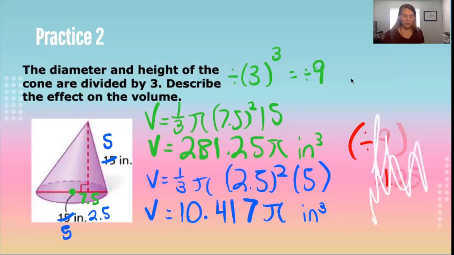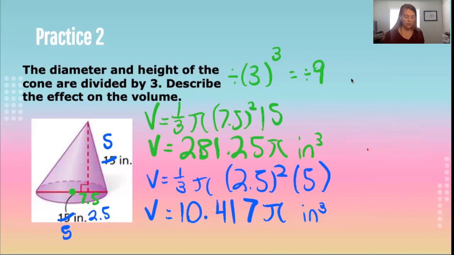So now what I'm going to do is take this volume and divide it by this volume.